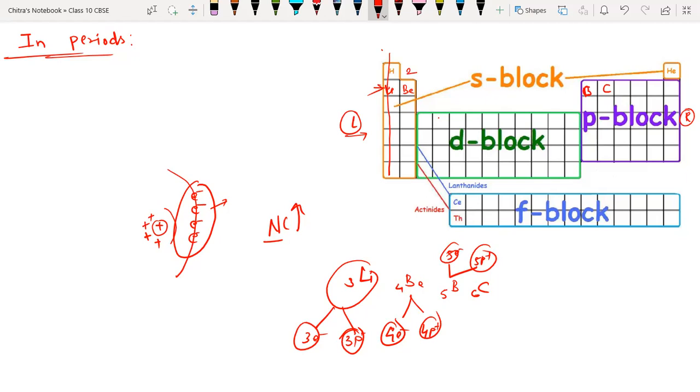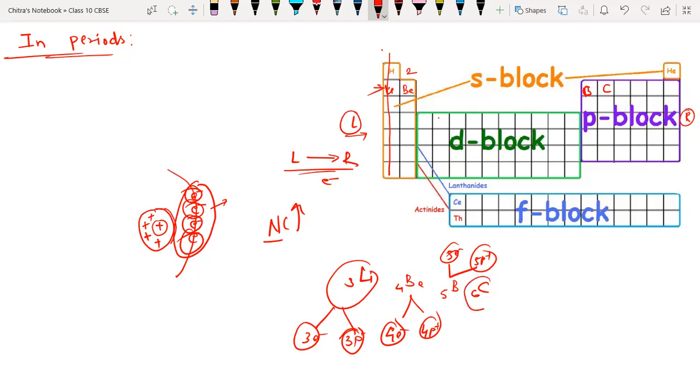So I'm discussing atomic radius here, so we have to complete that first. Then we will discuss a different part. Okay. So when we are moving left to right, all the time electrons are added in the same shell. Is it or not? Yes, sir. If electrons are added, that means protons are also added in the nucleus.